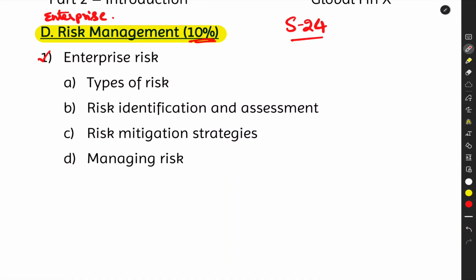Here in this Section D, we are going to understand what kind of risks are actually faced by an organization. For example, if you start a business, what are the different types of risks that will be there? You might have business risk or operational risk.